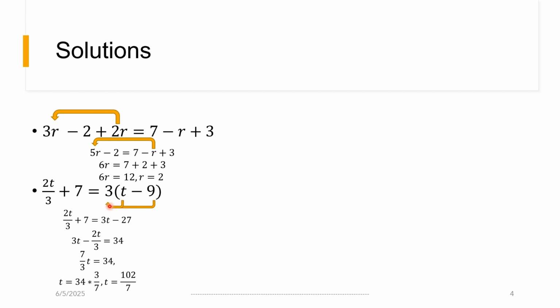Keep track of signs, and then we move the 2t divided by 3 over here, and move the 27 over, which gives us 34, and then we flip the equation so that it's easier to visualize. 3t minus 2t divided by 3 equals 34. Now we simplify the left side to get 7 divided by 3 times t equals 34. And then we multiply by the reciprocal, so t equals 102 divided by 7.